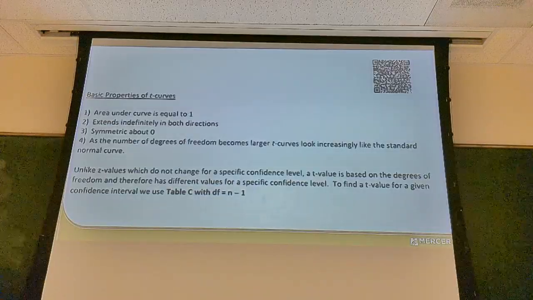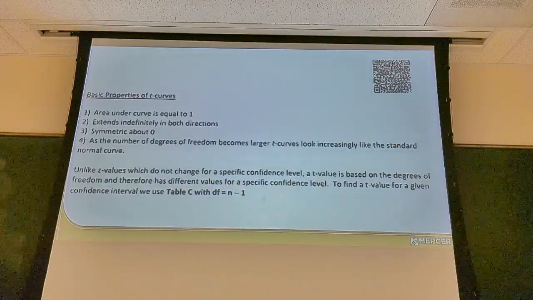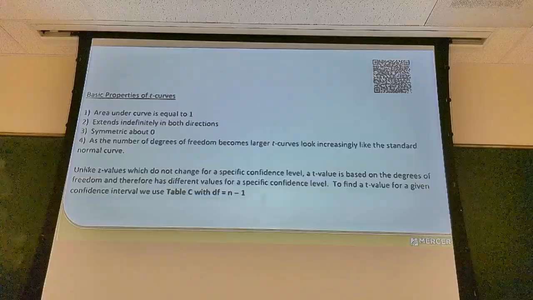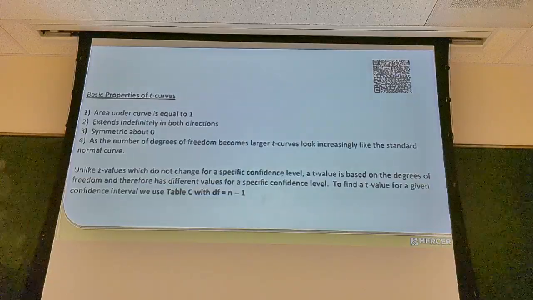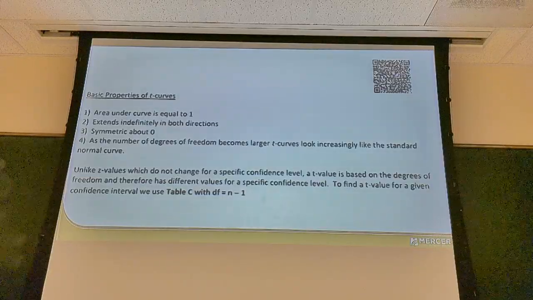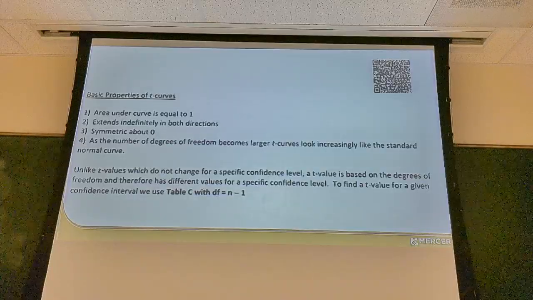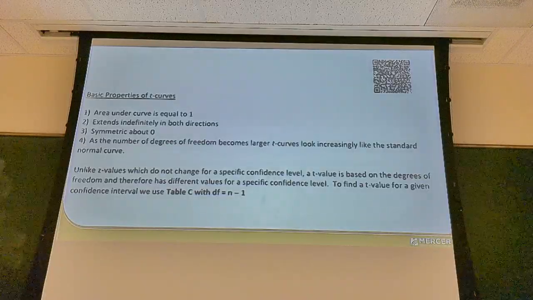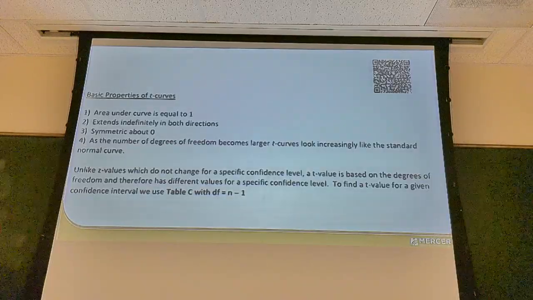This makes it even harder to calculate T values and Z values. And we already had to use a table for Z values. So again, we'll be using a table for the T values. It's table C, which I will be showing off.